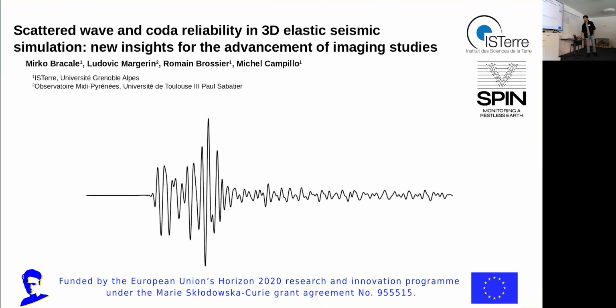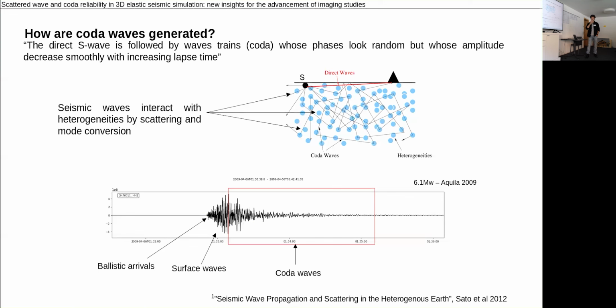So starting from the first one, we used a 3D spectral element solver to run some simulations in heterogeneous medium. And what we did is to compare our output with the theoretical expectation to understand how reliable our numerical simulations are. So just a bit of context.